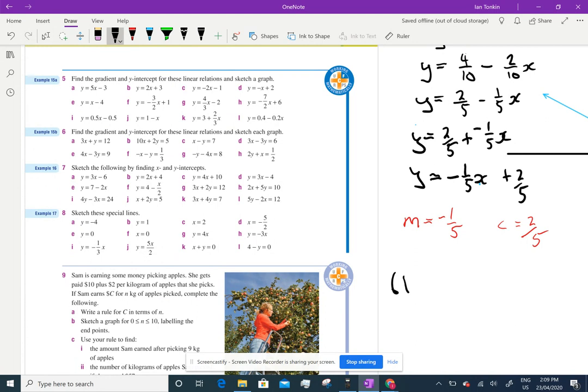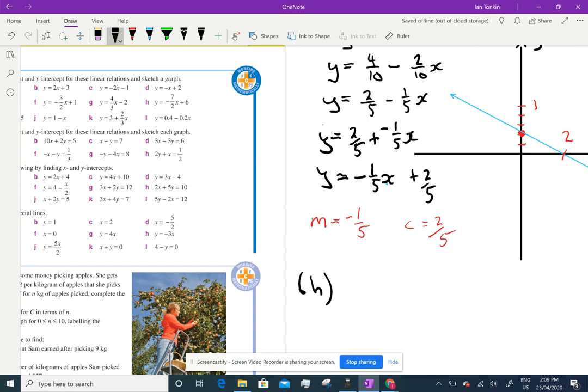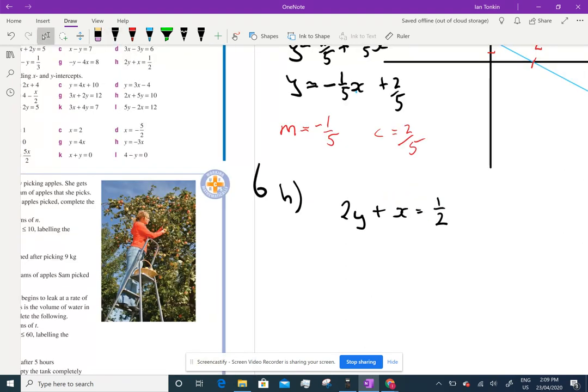So 6h. What have I got? 2y. That looks like just h with the bracket, so let's put a 6 there. 2y plus x equals 1/2. First of all, I've got to write it in gradient intercept form. So I'm going to take that x over the other side. 2y equals negative x plus 1/2, because I want to write it as y equals something.